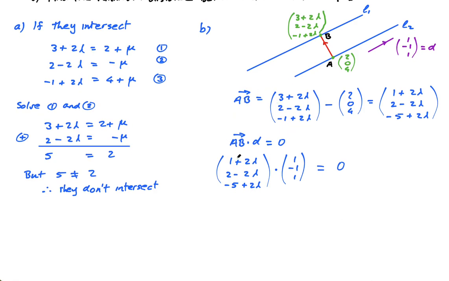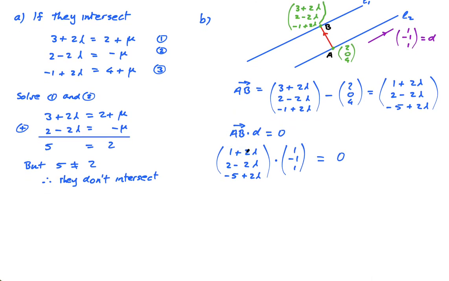I am going to multiply these out. So this times (1 + 2λ), plus this times -1, which is going to be -2 + 2λ, be careful, plus (-5 + 2λ). So it's this times this plus this times this plus this times this equals 0. So I have 1 minus 2 minus 5, which is -6.